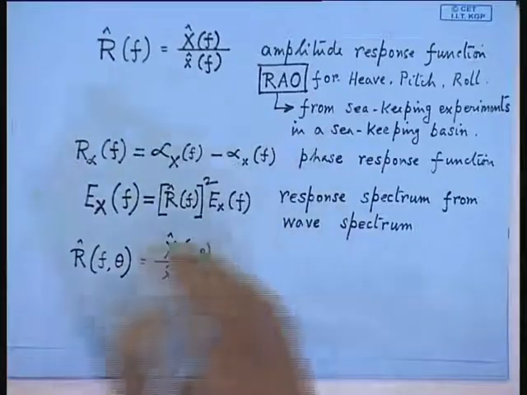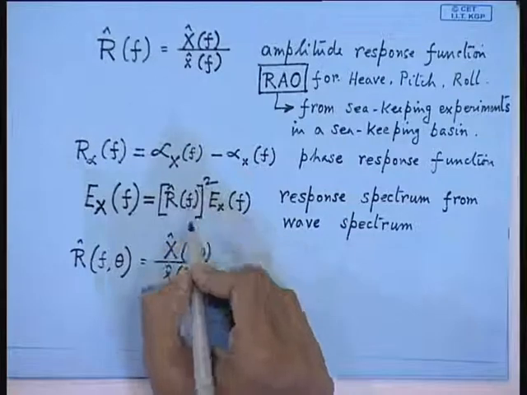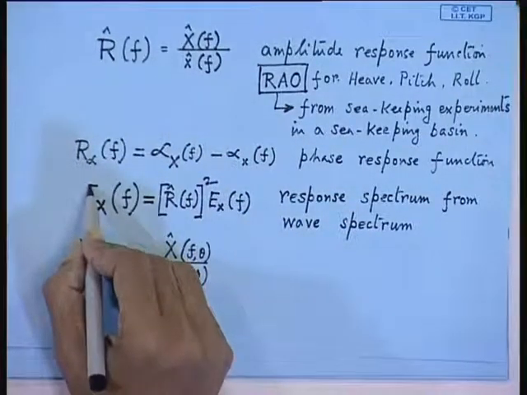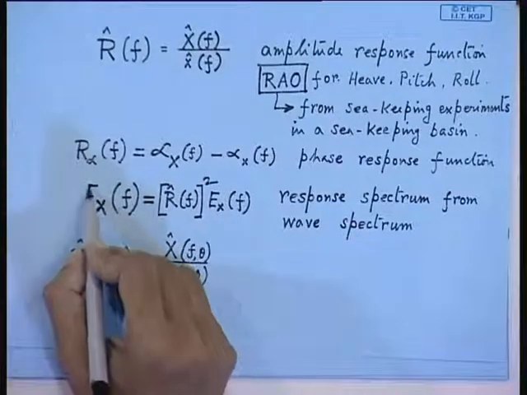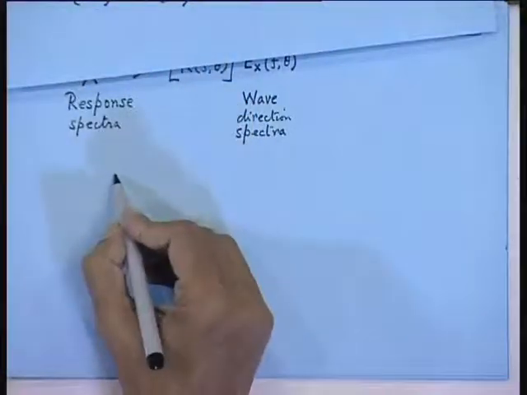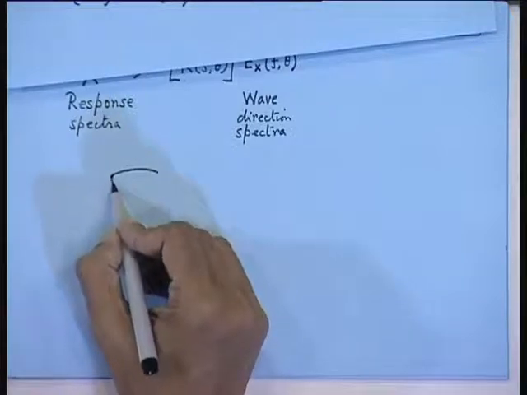Now, what they do is, normally if you want to find this RF square, you take measurements in your sea-keeping tank or a sea-keeping basin. There are two things which you will have: the ship. You can generate this in your sea-keeping tank.